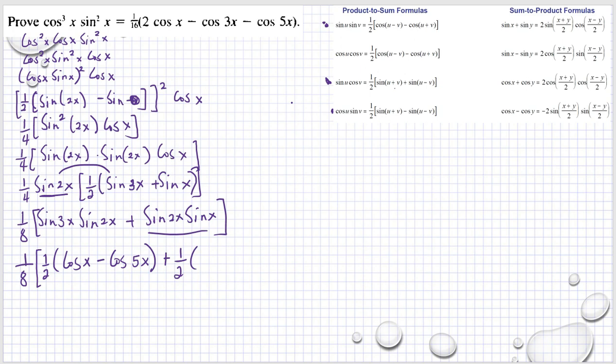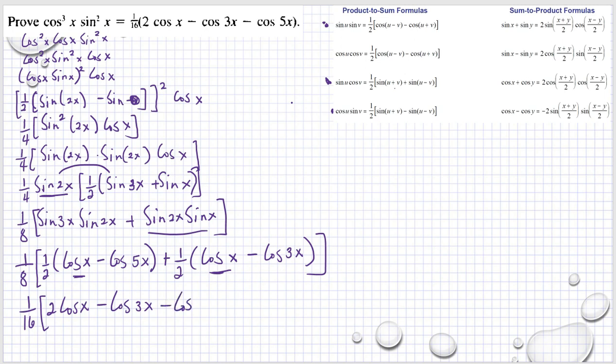Once again, we have cosine 2x minus x, that's x, minus cosine 3x. I think we're ready. Then we have 1/16, and then we have cosine there, so we have 2 cosine x, and then we have minus cosine 3x minus cosine 5x.